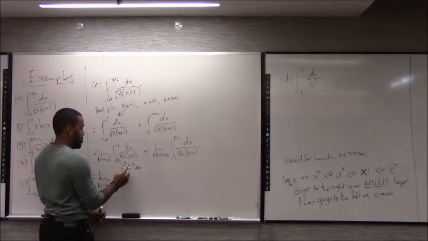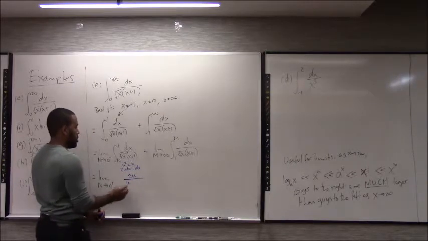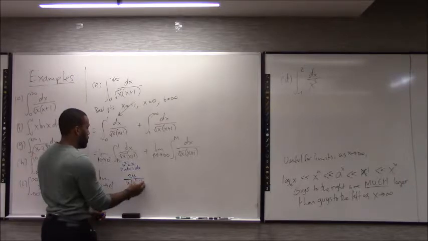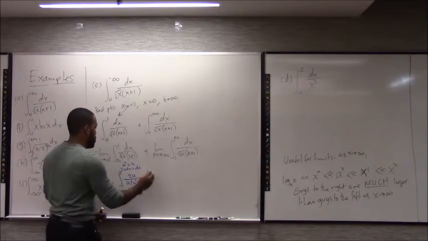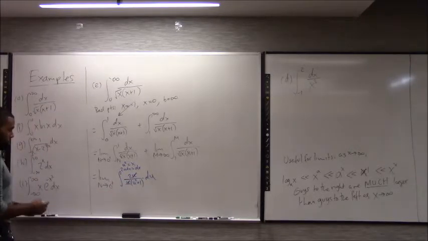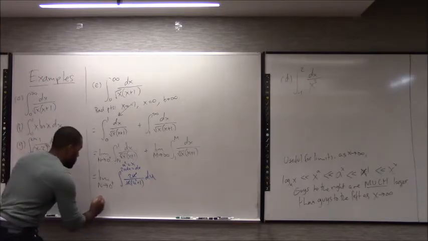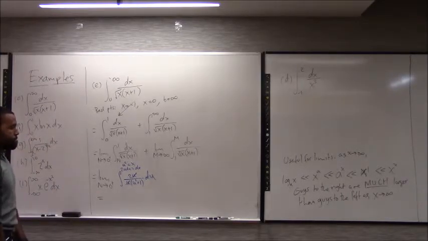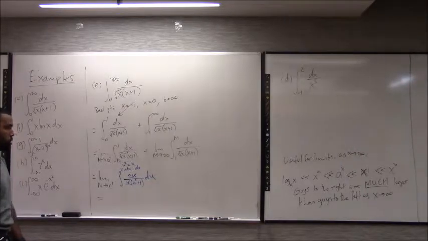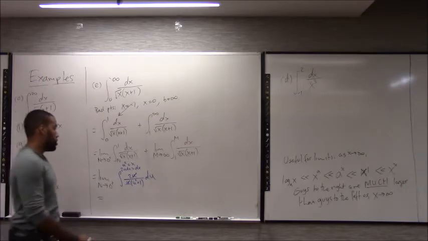And so what you would have here is basically 2u over u times u squared plus 1 du. The u's will cancel. So you have 2 over u squared plus 1. And what does that give you? Integral of 2 over u squared plus 1. Arctan u. That's 2 times arctan u.